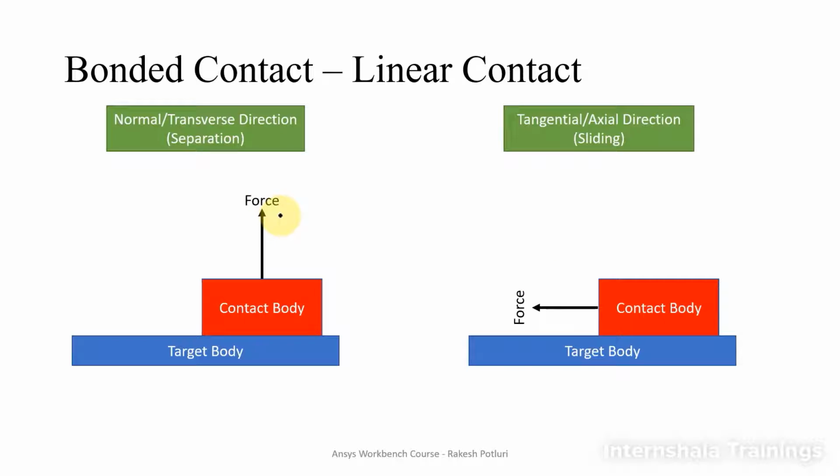So first, let us say you have 2 objects, a contact body and a target body, and I apply a contact here between these 2, because this is the surface where they are interacting. I apply a bonded contact.